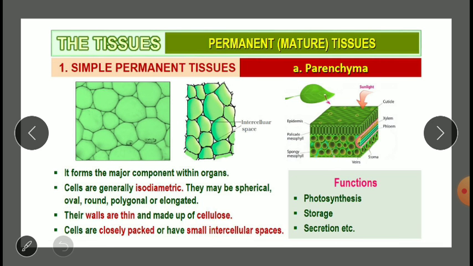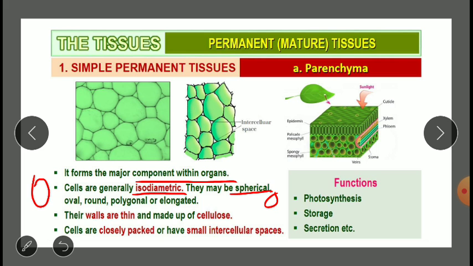Let us see the first one, that is parenchyma. So parenchyma forms the major component within the organs. Most of the parts are made up of parenchyma. The cells of the parenchyma are having an isodiametric shape, which means they may be spherical, spherical is round, or they may be oval, or they can be polygonal or elongated.